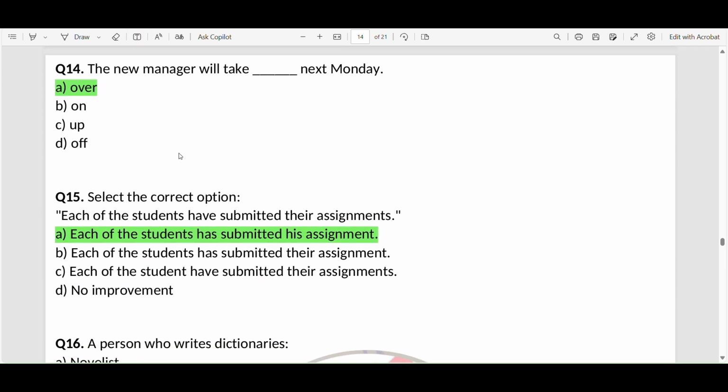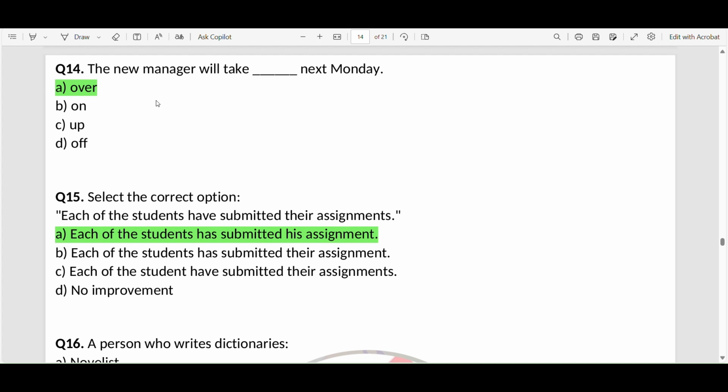And going to the next question, the new manager will take dash next Monday. Here first let's get into the options. Let's know the meaning of the options. Take over. Take over is nothing but taking someone's responsibility.